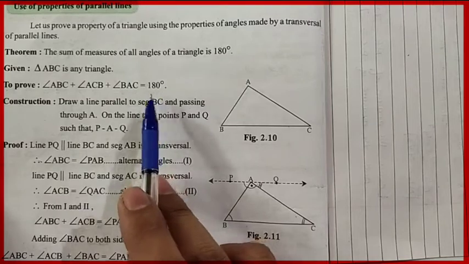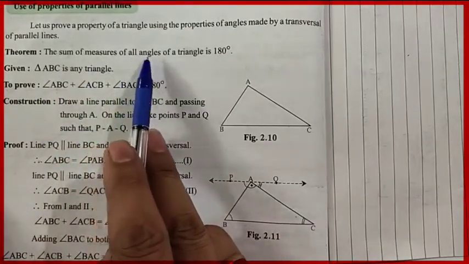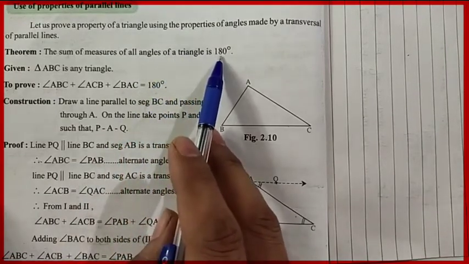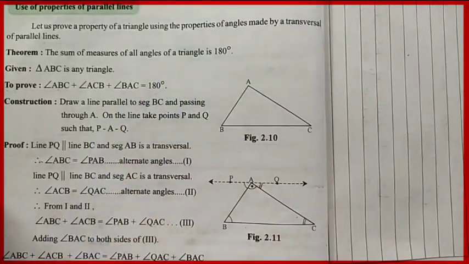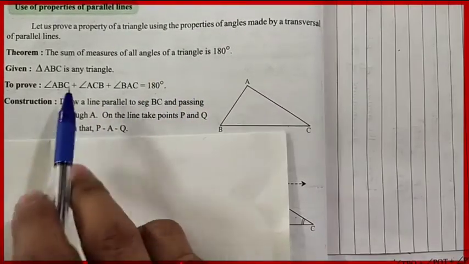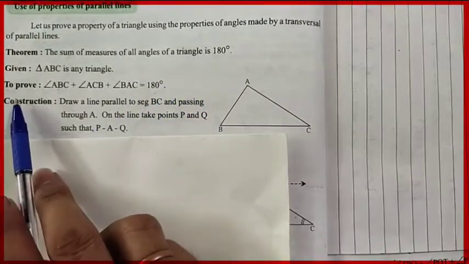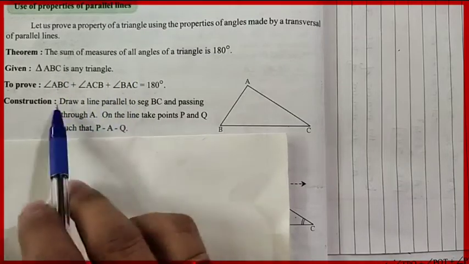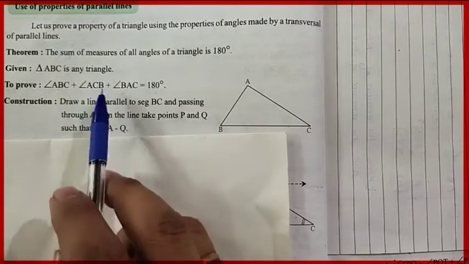Okay, so what is the theorem? The theorem is the sum of measure of all angles, which angles? Interior angles of a triangle is 180 degrees, that we have to prove. So what is given? Triangle ABC is any triangle you can consider. You can take a right angle, not a right angle, any triangle you can take.